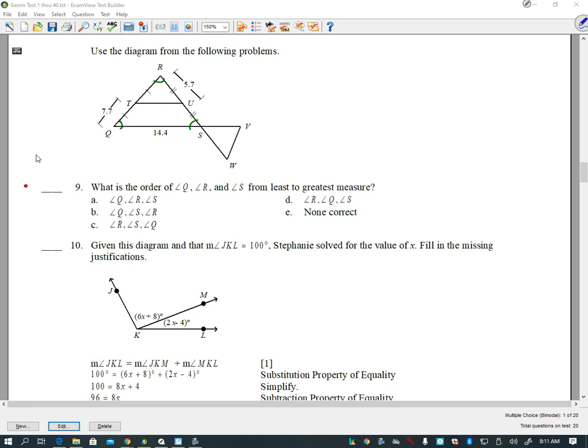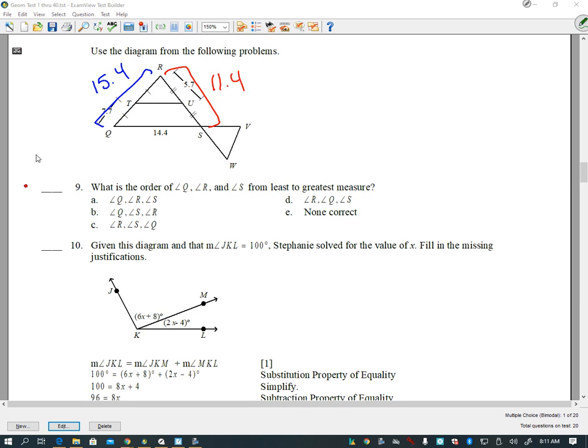Okay? So what we want to do here is we want to find out what the total length of this side is. So if half of it is 7.7, then the whole length is what? What's 7.7 times 2? 15.4. Okay? And this side, if half of it is 5.7, then what's the whole length? 11.4.